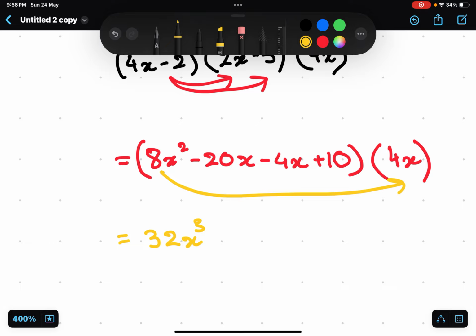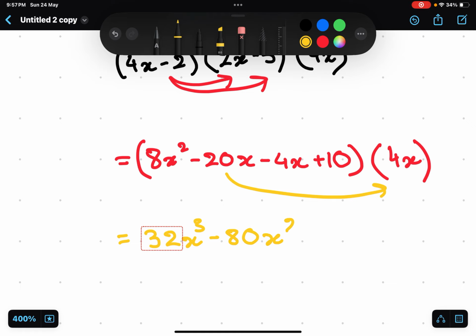Alright, now we're going to multiply negative 20x by 4x. So we get negative 80x squared. And then we're going to multiply negative 4x by positive 4x. So we get negative 16x squared. Then what we're going to do is to multiply 10 by 4x, which gives us 40x, like so.